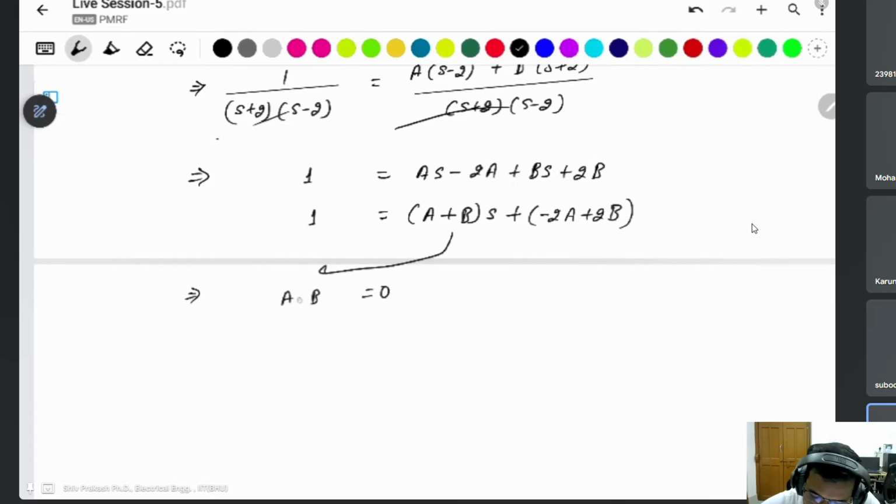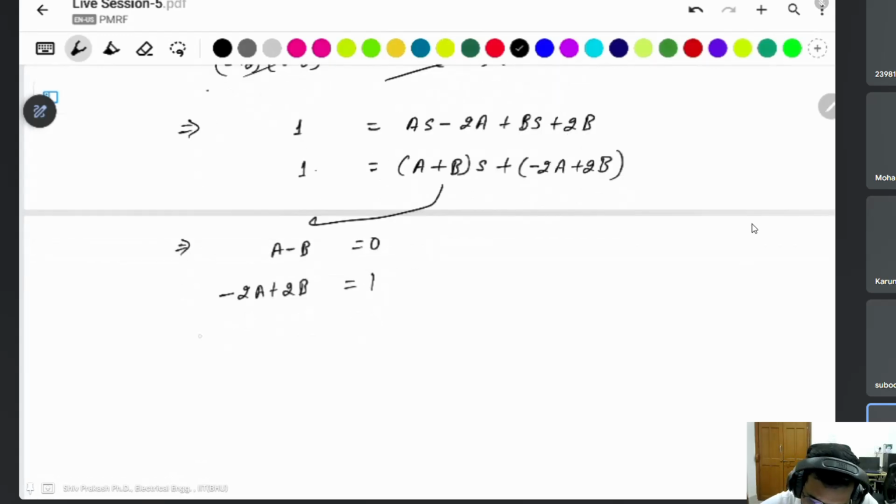The constant term is minus 2a plus 2b, equal to the constant on the other side. Take minus 2 common here, then we get a minus b is equal to minus half.